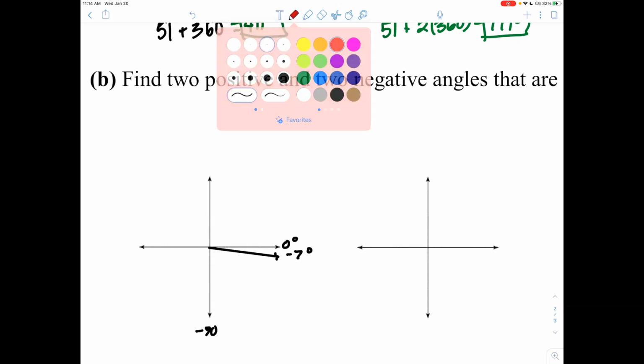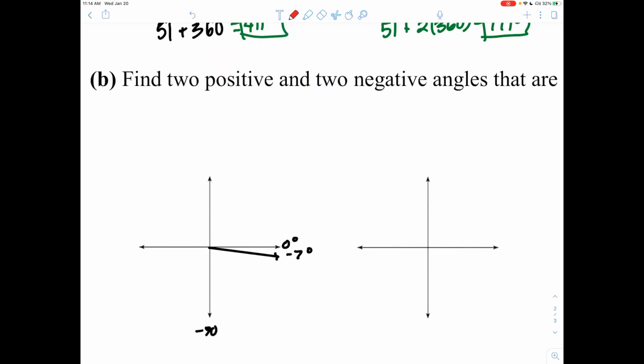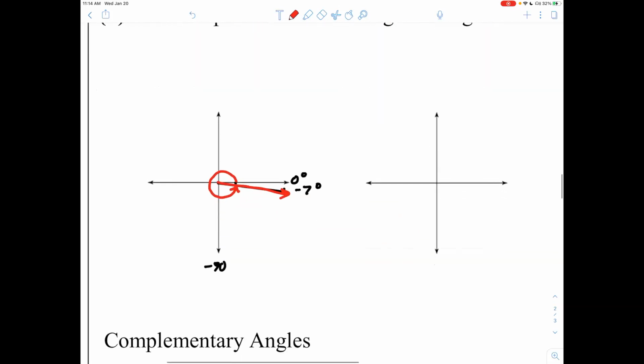And what we're going to do is find an angle that's coterminal to this little tiny angle right here. So we're going to add 360 degrees, and we're going to end up in that same spot. So we're doing negative 7 plus 360 degrees, and that's going to give us a coterminal angle.